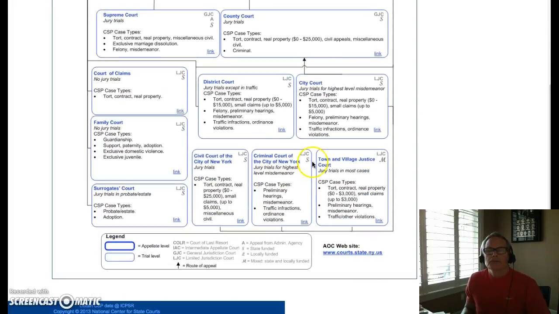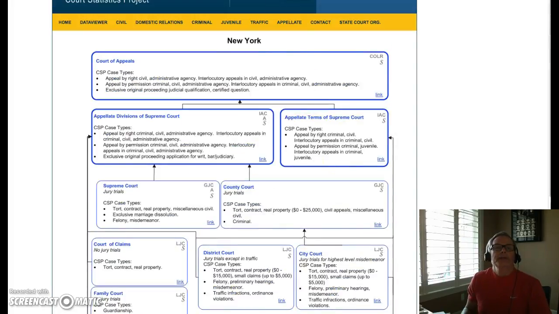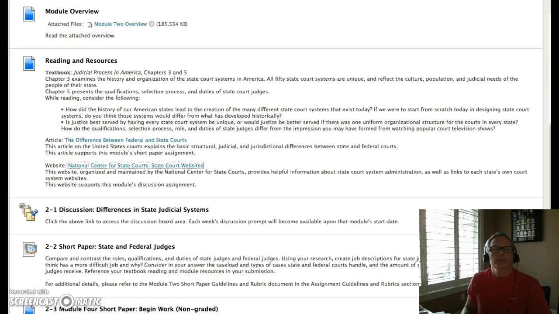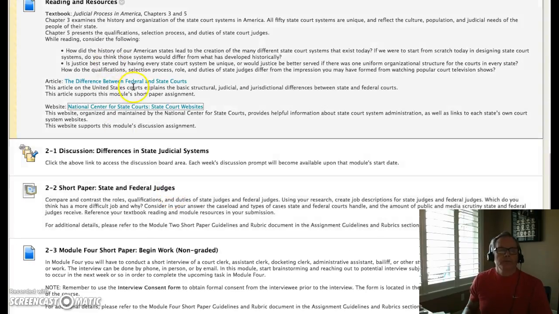But from my personal experience, they do not. Some of these individuals in some of these lower level courts, you probably find them and have law degrees. Okay, so that just gives us some idea as to how the different courts are made up. Again, that's California and New York. So a lot of good information that you can find in both of these articles here.